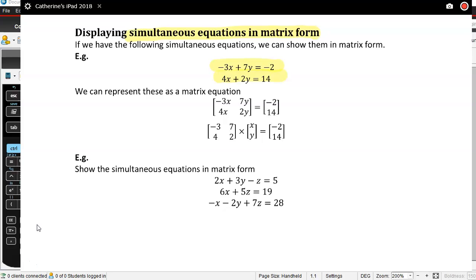So you can see that this equation part gets represented as a 2 by 2 matrix and the answer as its own answer matrix. This, of course, becomes two matrices with the coefficients and our pronumeral part there.